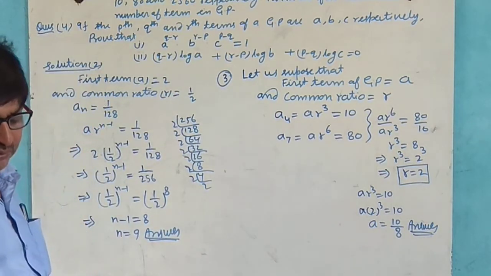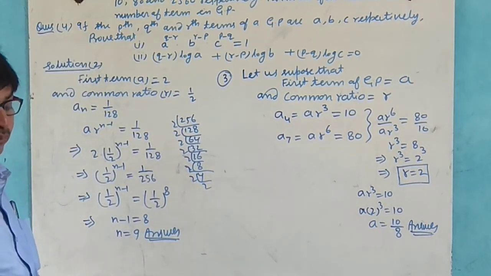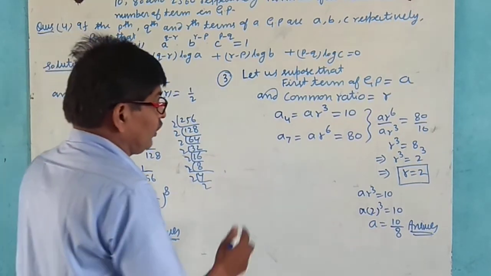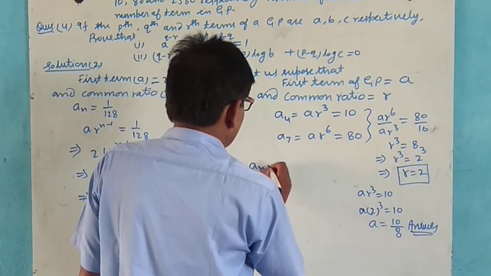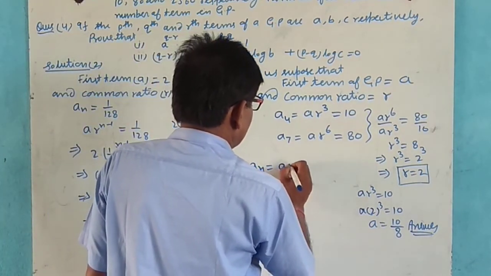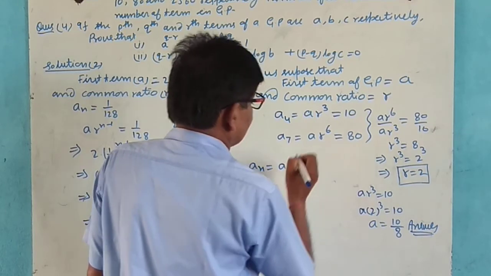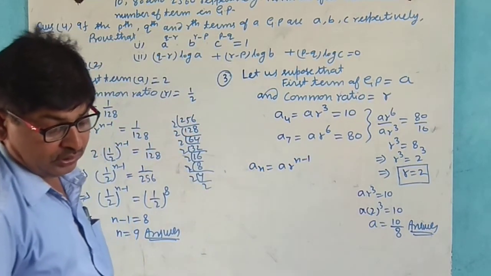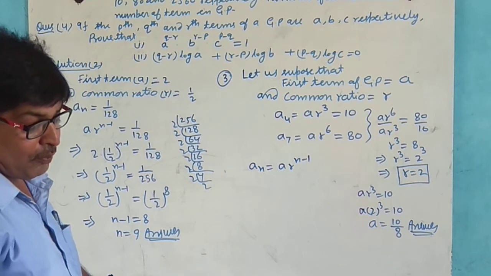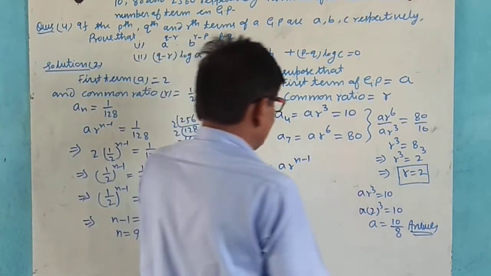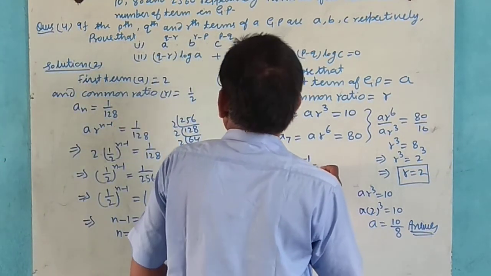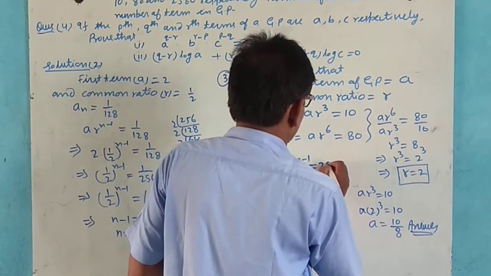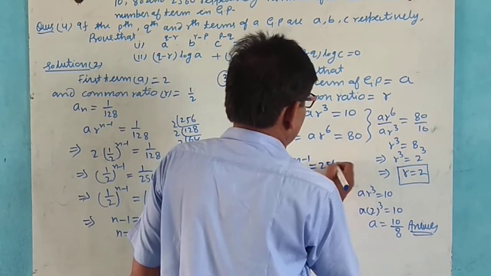Let us suppose that the last term an equals a r to the power n minus 1, and this is equal to the given 2560.